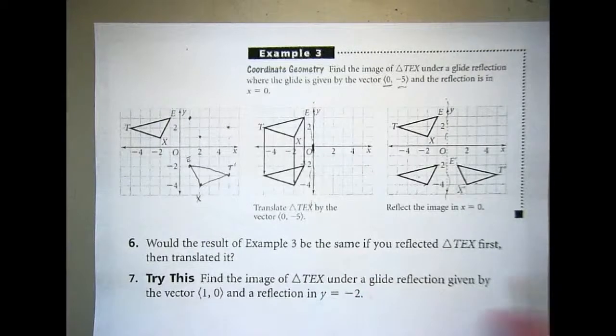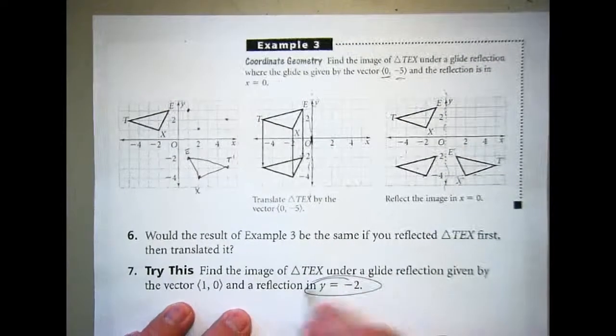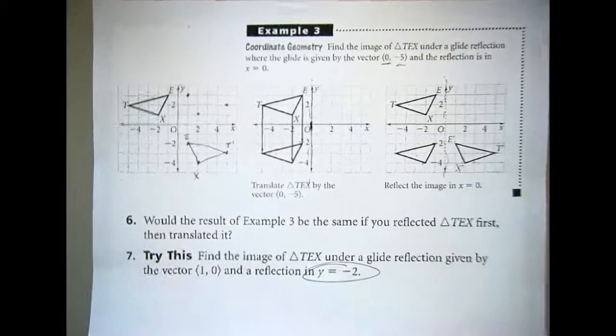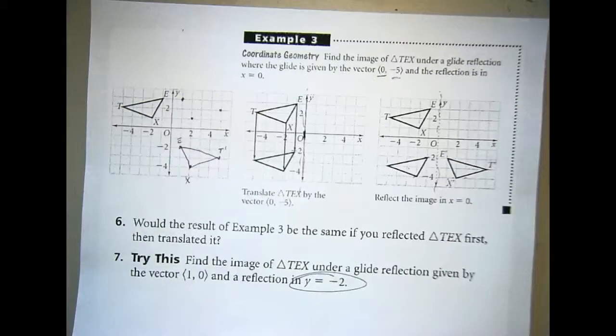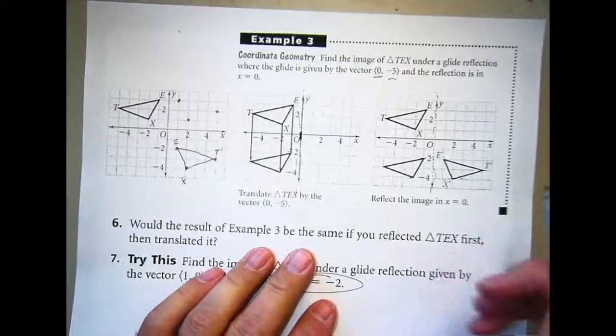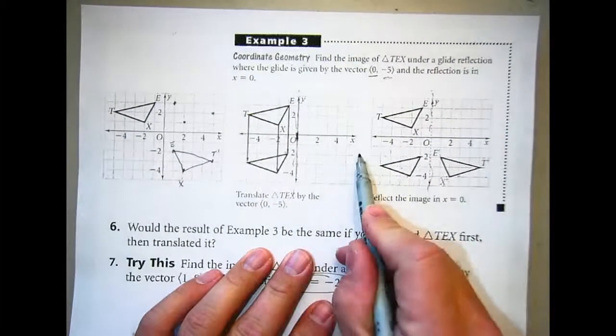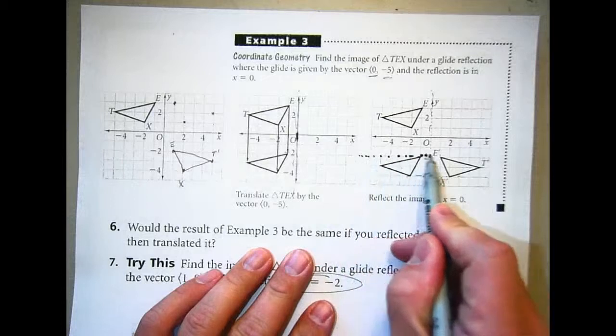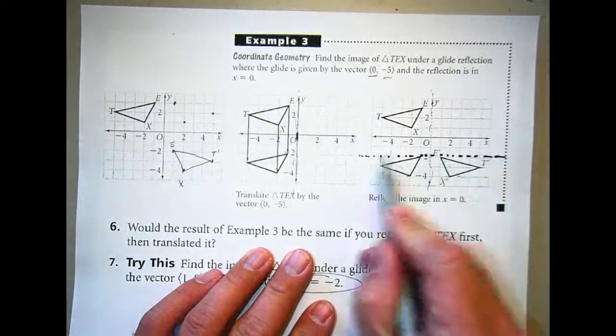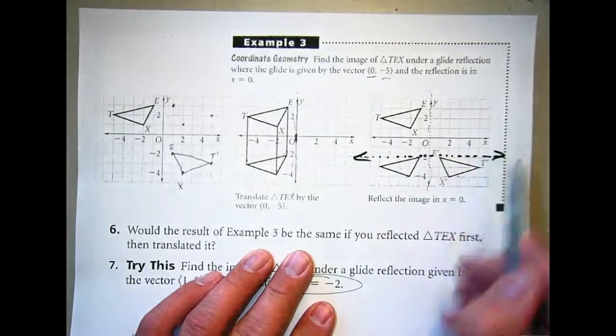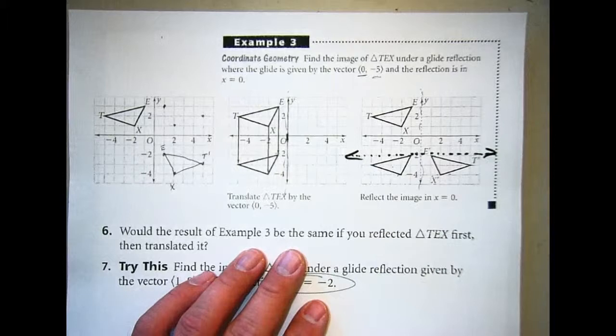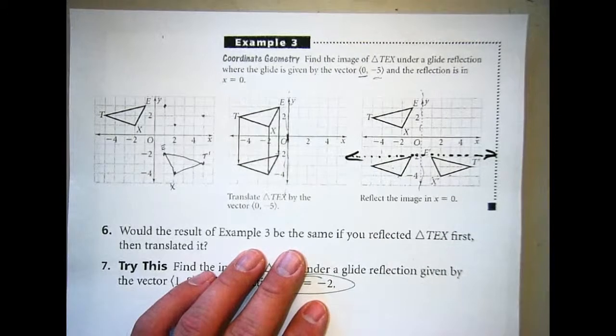Okay? I want everyone to tell your neighbor where the line y equals negative 2 is on a graph. Good. Negative 2, and it's parallel to the x-axis. A great way to describe it. That is the line y equals negative 2. How many got it right?